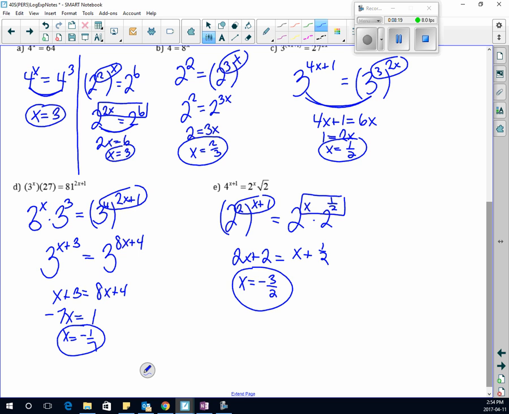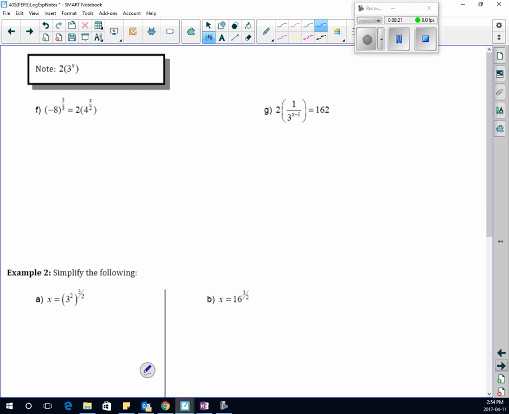Okay, moving on. This is the biggest mistake people make. They think that they can do whatever they want and they don't follow BEDMAS. They think that this is equal to 6 to the power x. It is not. Please don't make that mistake. Don't multiply before you apply the exponent, right? If a number is attached to an exponent, you can't do anything with it except maybe some exponent laws, okay?